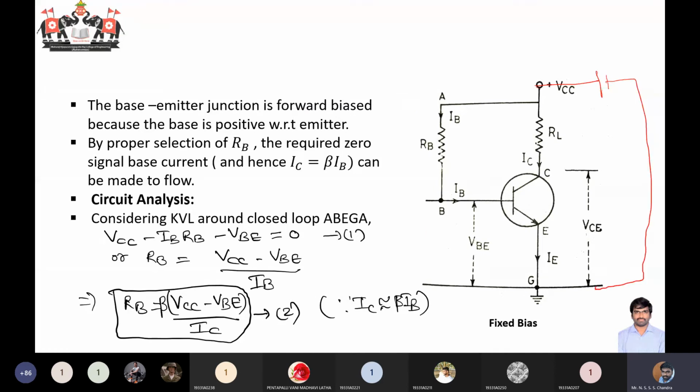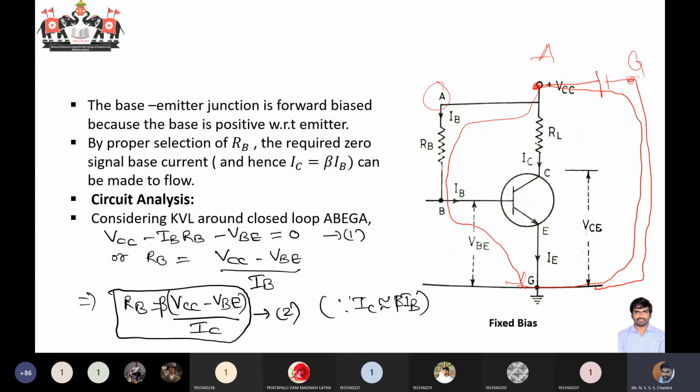In this circuit, this terminal is A, and this terminal is G. Now if you write the KVL around this closed loop A, B, E, G, A, starting from the positive terminal of the battery, I'm moving through RB and IB to the ground or the emitter, and then back to the negative terminal and to the positive terminal. So this is the loop I am considering.